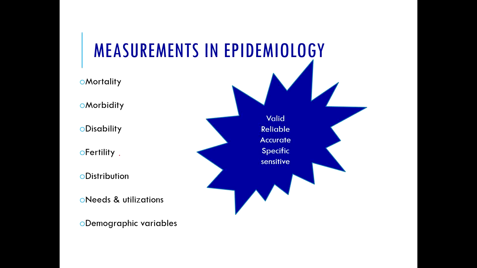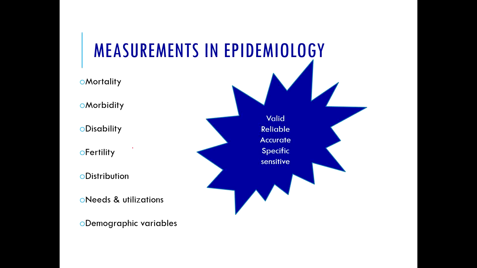And as epidemiologists and as demographers, we are concerned with what is the total fertility rate and what is the net reproduction rate, what is the general reproduction rate, what is the age-specific fertility rate, which indicate the pattern of reproduction in a community.